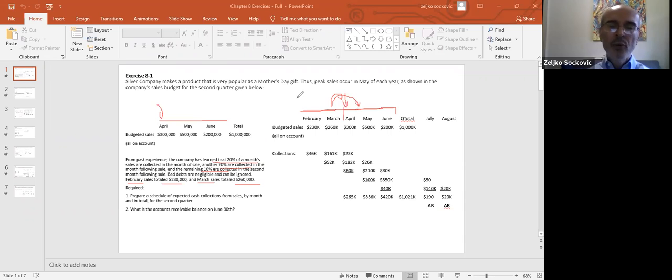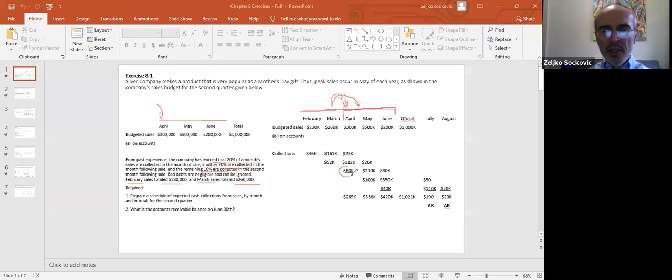It helps at least to remind you, because if you jump straight into April, which you can start with, sure, and you can even do May, but at some point you would realize, well, I need some other amounts here. So you start with April and say, well, the sales are 300,000. 20% will be collected in the month of sale.